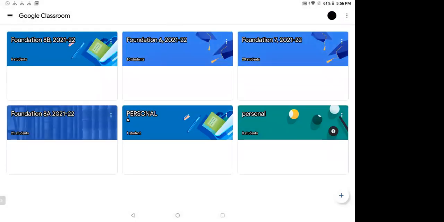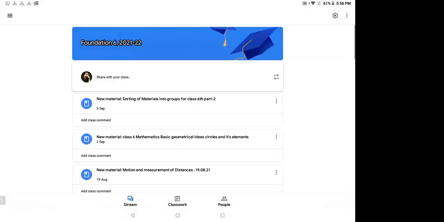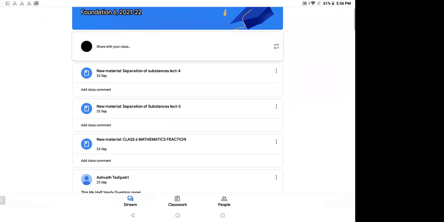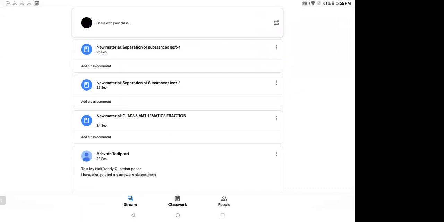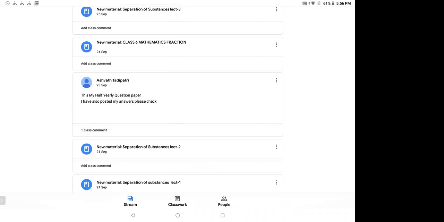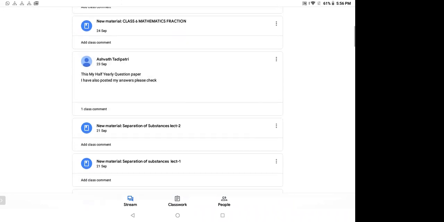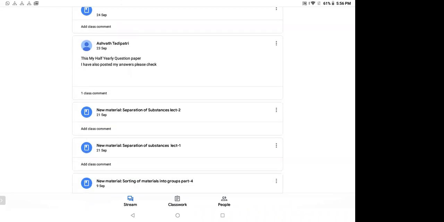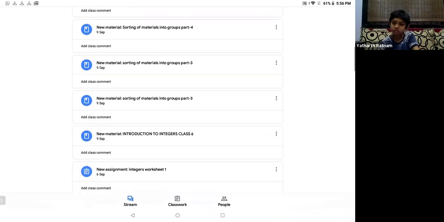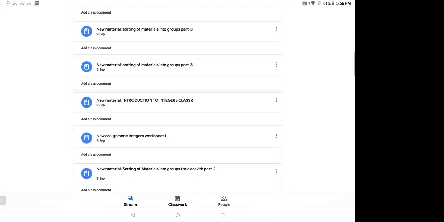Your homework part, I will just show. I will share your homework with you. Please practice the sums and come back with your answers. It is fractions in maths. It is already in your classroom, children.